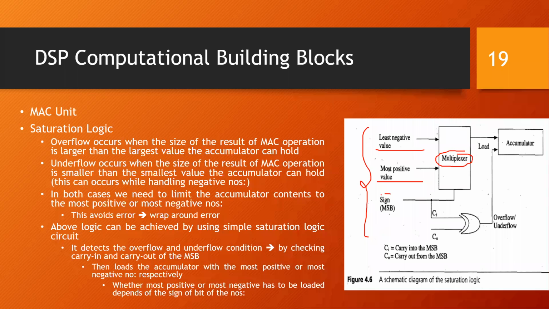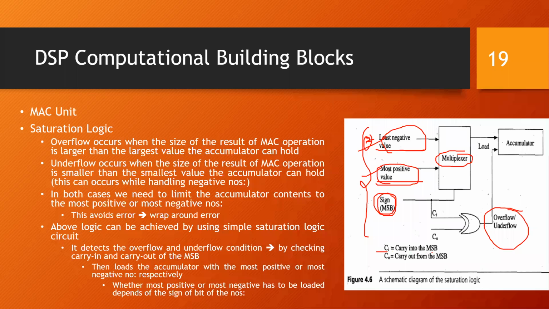Based on the sign bit, the MS bit, you choose either the lowest negative value or the most positive value. So either of these two, based on the sign bit and on the overflow or underflow condition.